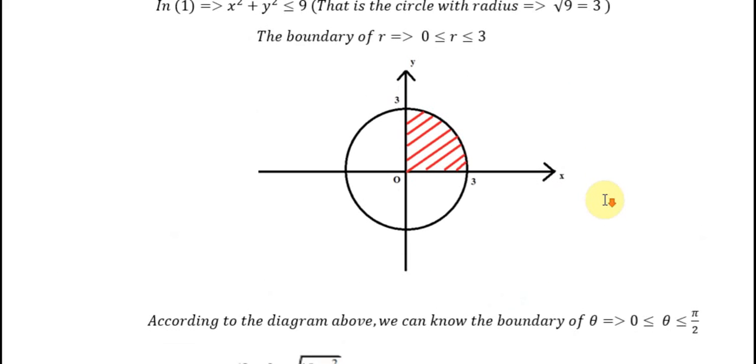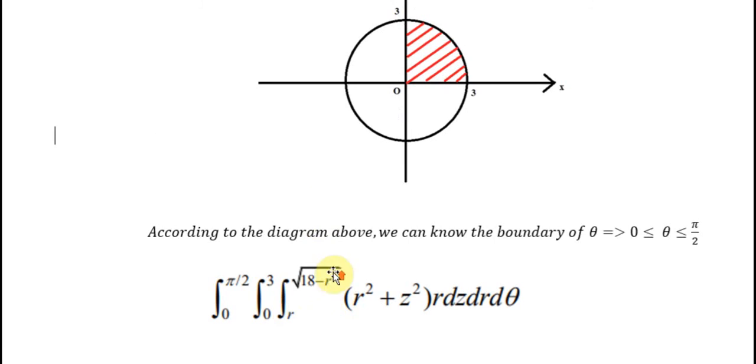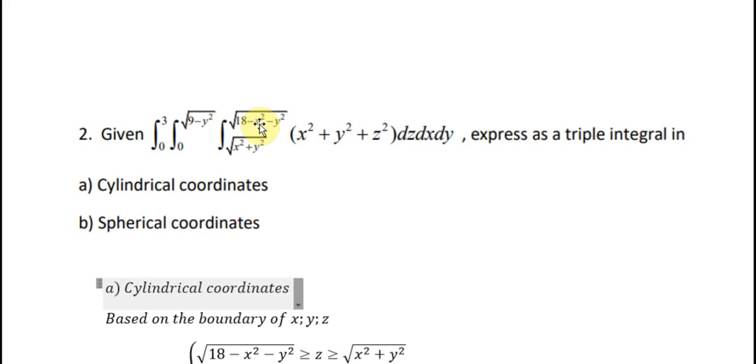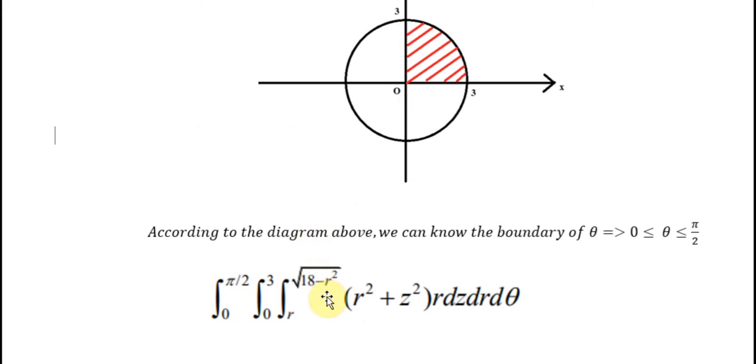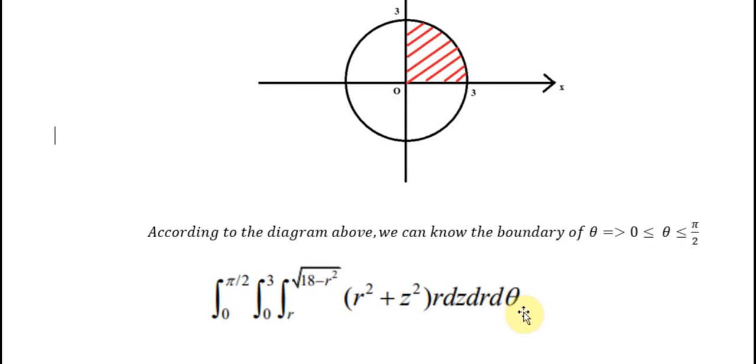After we put everything together, we have x^2 plus y^2, which is r^2. So we convert to r and transform this too. We have the square root of 18 minus r^2, and r from 0 to 3, the radius we just calculated. And for the last one, theta, we have from 0 to pi divided by 2.